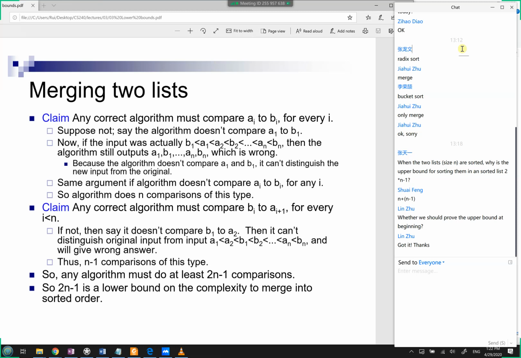Why can we show that the algorithm has to compare AI and BI, but we cannot show that it has to compare, let's say, AI and BI plus 2? Any thoughts?